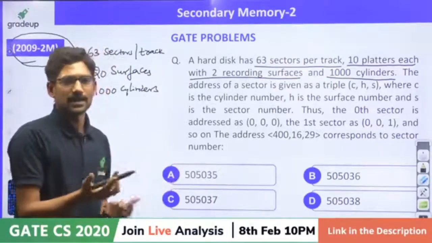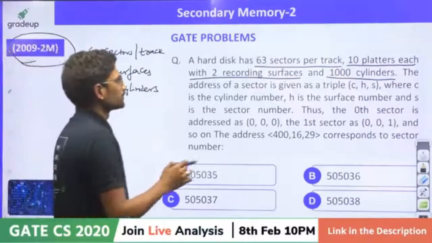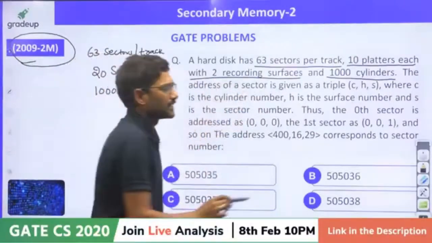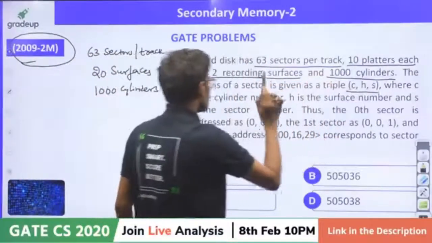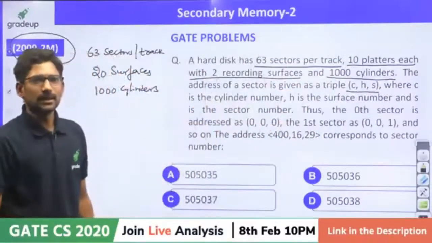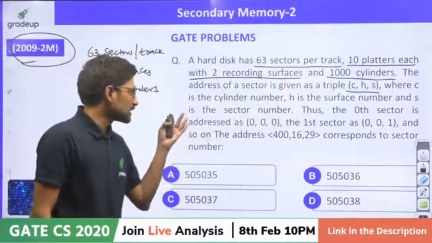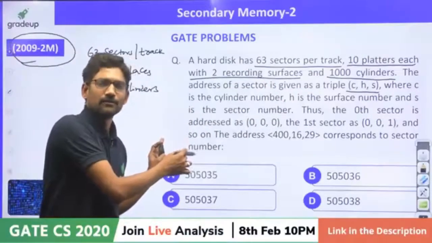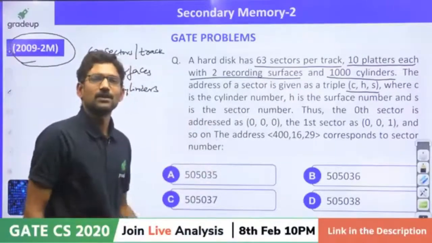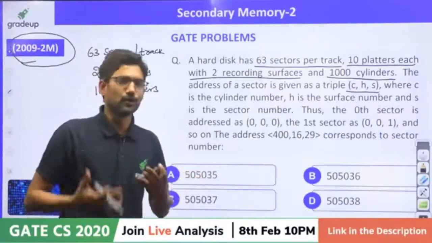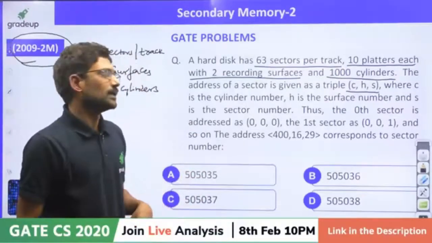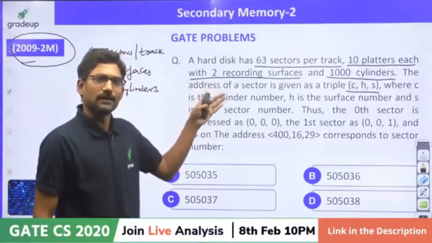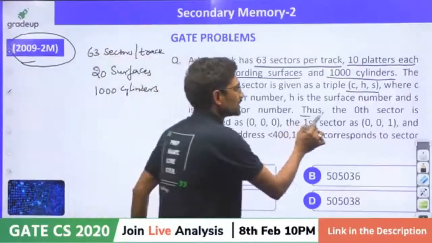So 1000 tracks. Then it is given the address of a sector is given as a triple CHS, where C is cylinder number, H is surface number, S is sector number. He is kind enough to give what CHS also in the question, and the meaning also.